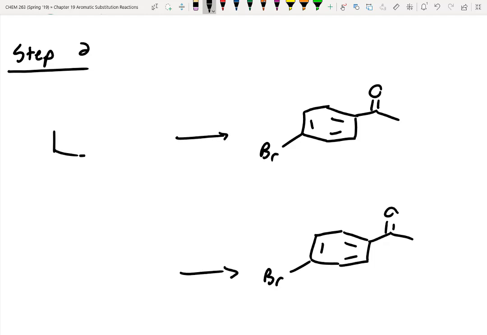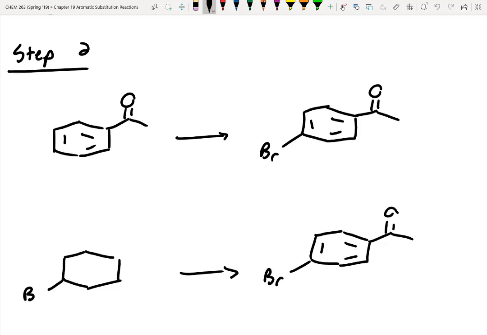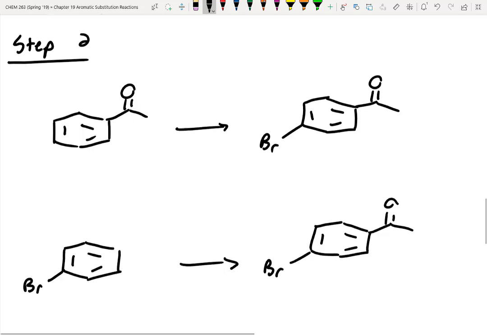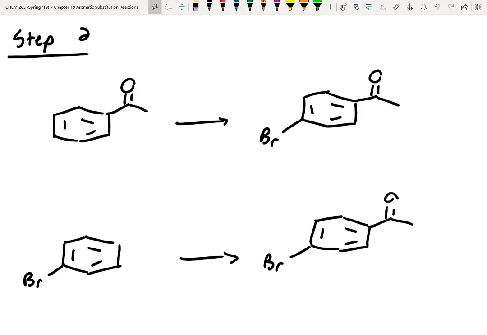One would be maybe we're installing our bromine group in this step. And then the other one would be maybe we're installing that acyl group next. What would the reagent be for the top option? Br2 and FeBr3. And then for the lower one, we need our acid halide and aluminum trichloride.